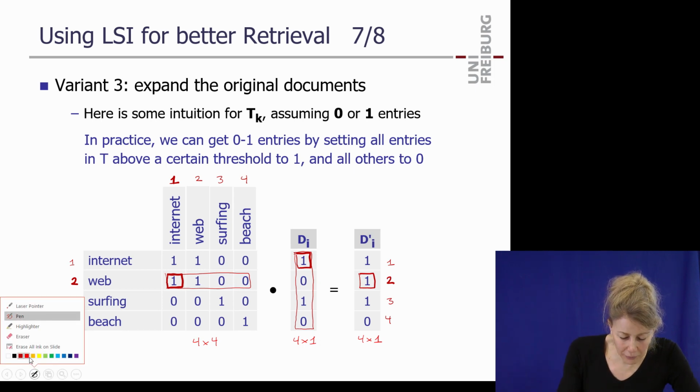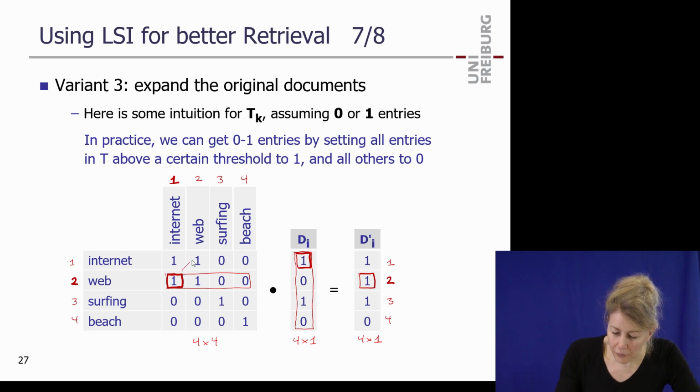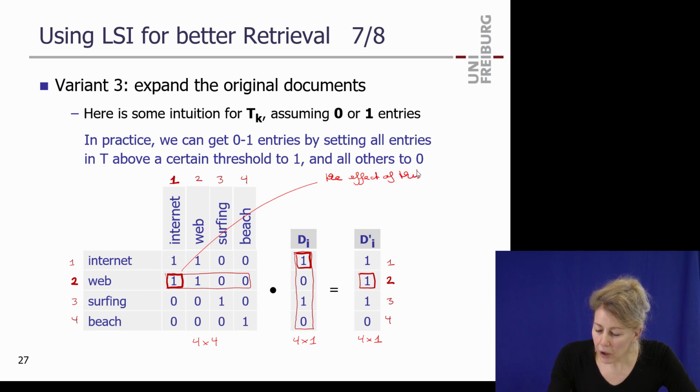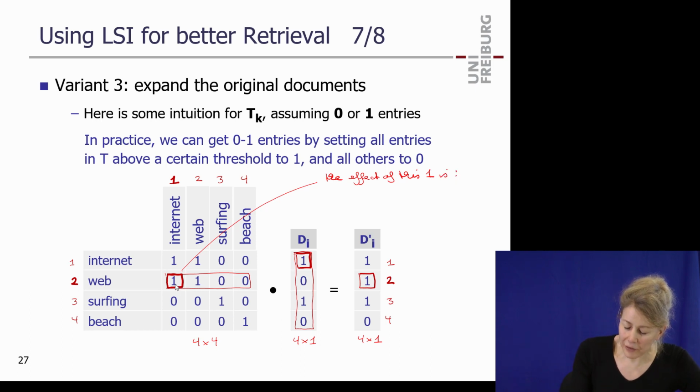It's actually easy to see, but it's interesting that this is the intuition. What's the effect of this one? The effect is: if there is internet in this document, add web to the result document. That's what it says. If there is internet in this one, add web to the output document.